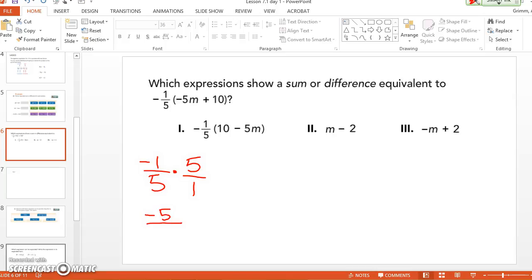Oh, sorry, they're both negative. And that would make it 1 whole. And a negative times a negative is a positive. So this times this. Oh, wait, what am I looking at? Hold on. Oh, sorry. This one times this one would be 1m. And it'd be a positive, right? Jenna.